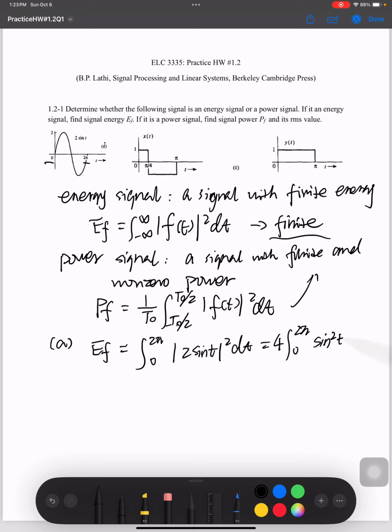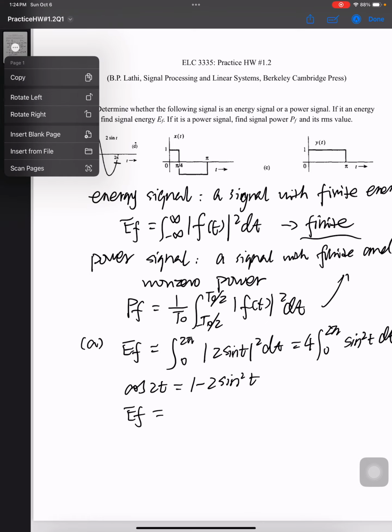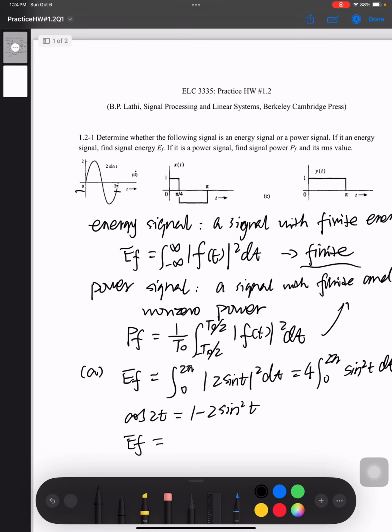This is a real signal, it only has a real part. Because we know that cosine 2t equals 1 minus 2 sine squared t, we can calculate EF.